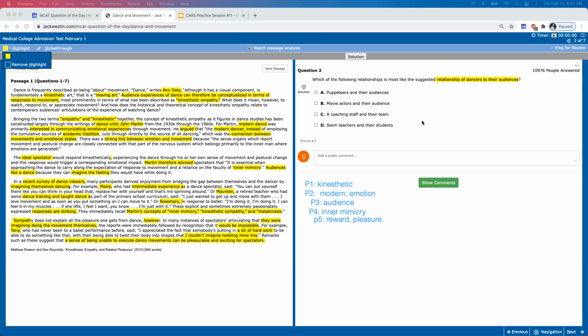So I agree we can toss this question out if only around 30% got it right. I guess we could do process of elimination, where I think A would be off because you're kind of controlling the puppeteers. Movie actors and their audiences.